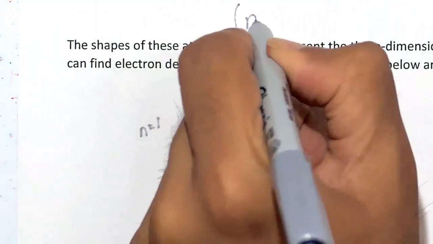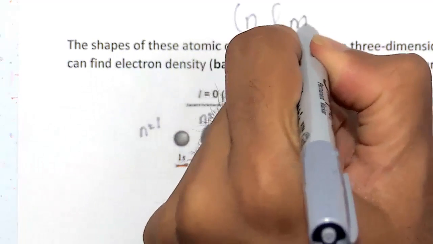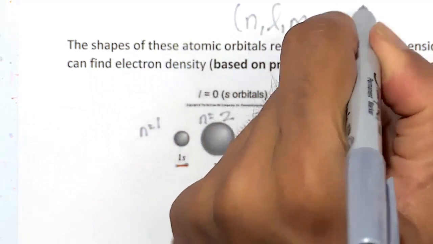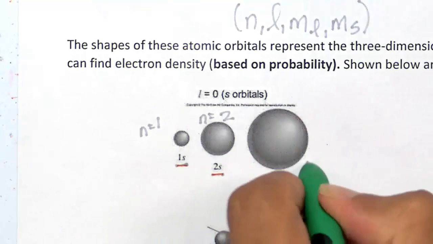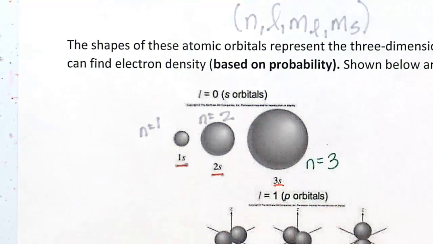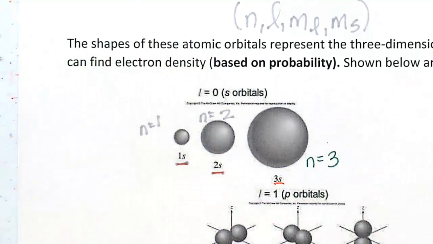Remember: n, l, m sub l, m sub s. Here the principal quantum number is going to be 3. Higher energy levels are farther away from the nucleus.